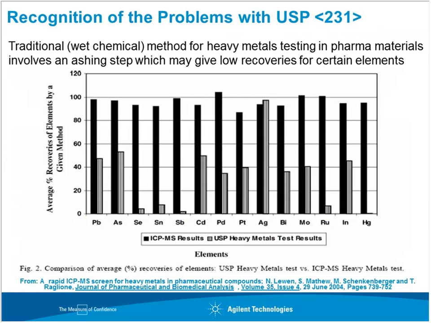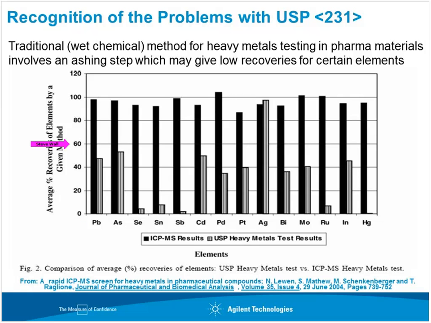And here we can see a graphic from an often referenced paper by Nancy Lewin and others that visually illustrates the limitations. So if we take a look at this graph, we can see along the x-axis the different elements of interest, and on the y-axis the percent recoveries.